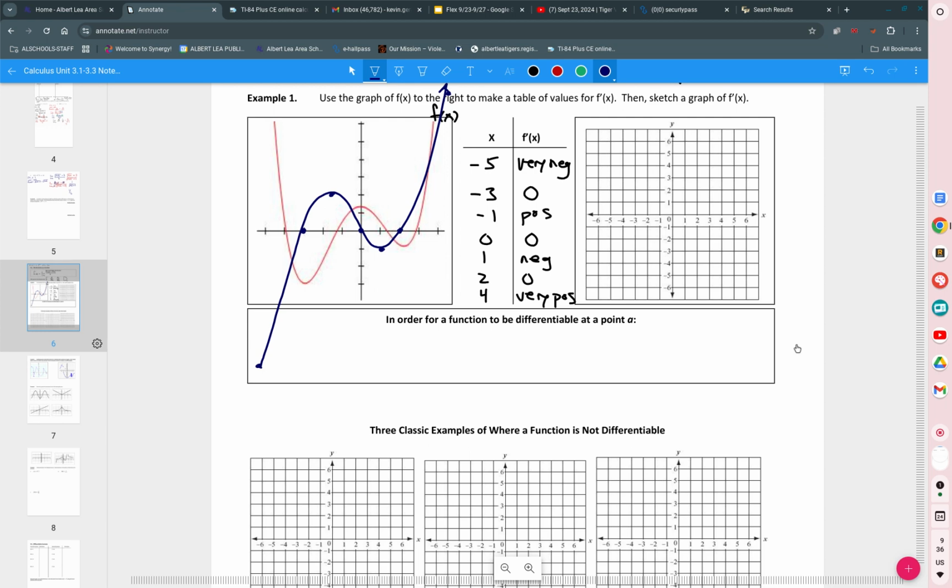Now, the cool thing is that f prime of x tells us about f of x, okay? F prime of x tells us about f of x. So, I want you to glance at this section right here.